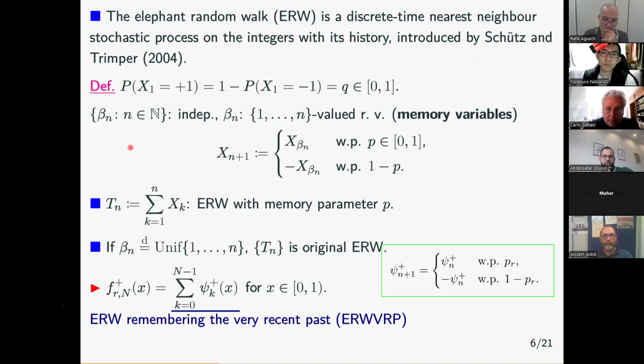Because the central limit theory is very well known in the literature on Markov chains. In your case, is the sequence Tn Markovian or not? The sequence xn is Markovian, but also the sequence Tn in the usual case is Markovian. It is inhomogeneous Markovian. In your case, is it Markovian? Yes. So the central limit theory can be understood as the usual Markov chain central limit theory.